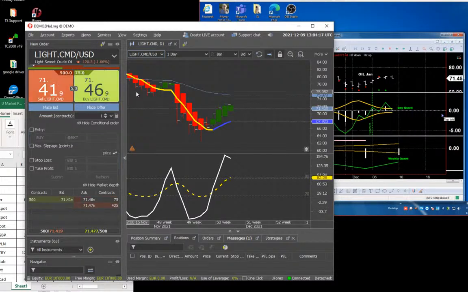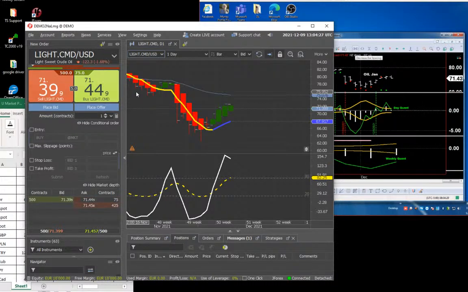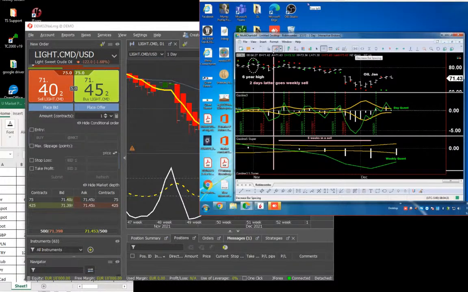Nothing major. It's still in a weekly sell since, what is that, back in the last week of September, first week of November. Let's just tighten this up a little bit, like that. See it right there? It's been in a sell since up in here in the 80s, and now it's gone down into the 60s.